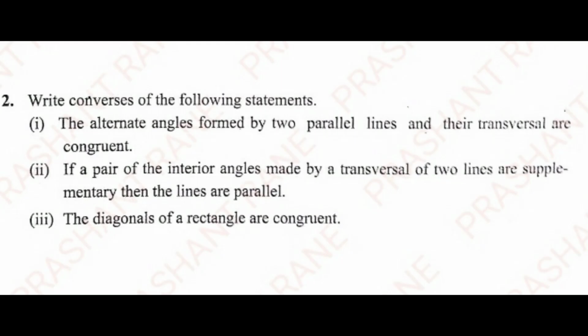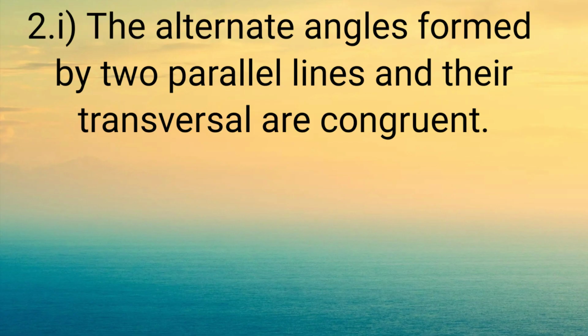Question number 2. Write the converses of the following statements. What do you mean by converse? When the given and to prove parts are interchanged, the resulting statement is called the converse of the given statement. The first question: the alternate angles formed by two parallel lines and their transversal are congruent.